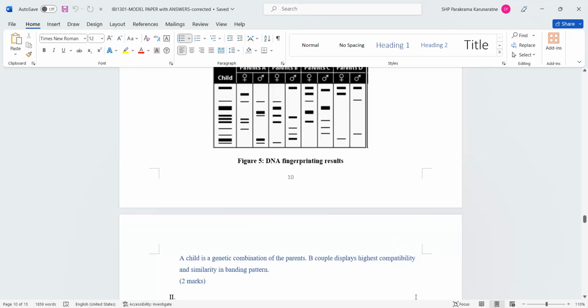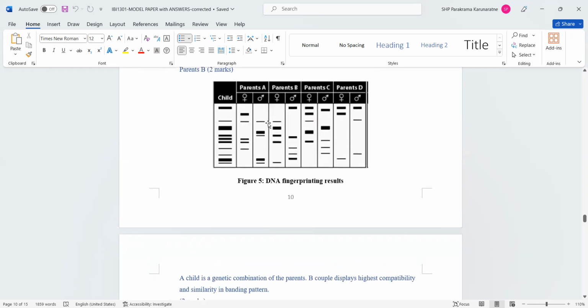B displays the highest compatibility and similarity in band pattern to the child. So the child belongs to couple B, right? So you can see carefully. Likewise, you can see the similarities.